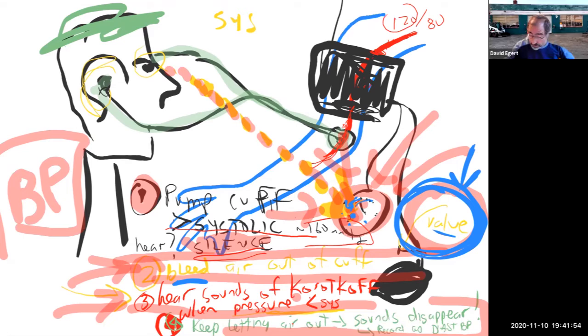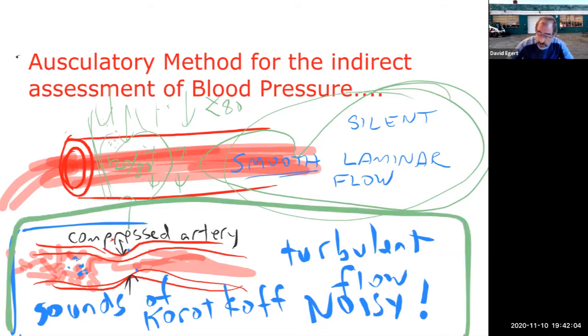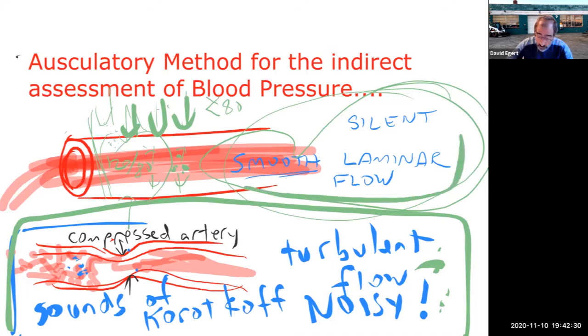So kind of back to this picture. As long as the artery is compressed like this, you'll hear this turbulent flow. So as long as there's some pressure on the outside that's greater than the pressure on the inside, there'll be this compression and there'll be the sounds of Korotkoff, the sounds of turbulent flow. When you finally are in a situation where the pressure outside is less than the lowest pressure inside, then we're in this smooth laminar flow.